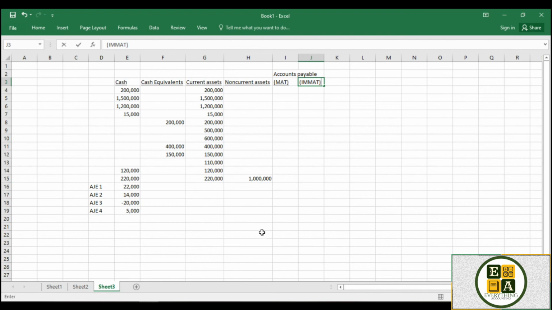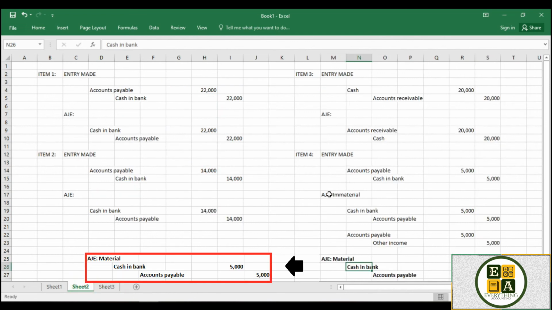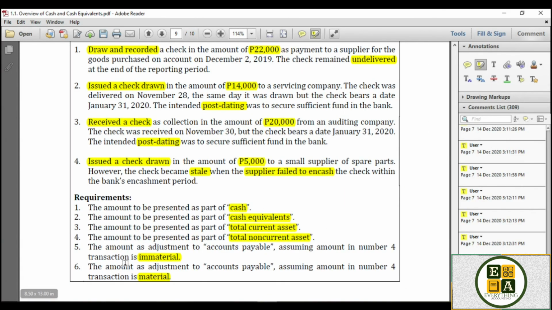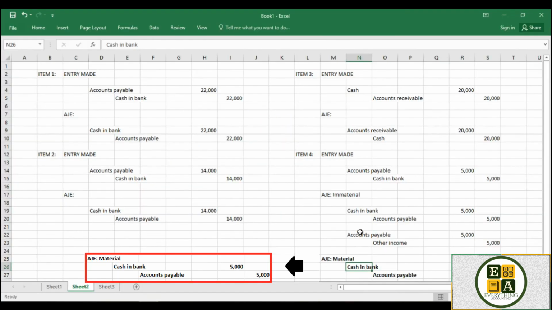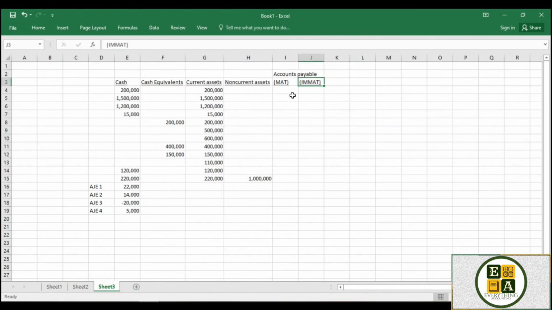So, using the adjustment, kapag alin ba yung nauna? Immaterial. Kapag daw immaterial, walang effect. Bakit walang effect? Kasi nga, we're going to establish immaterial eh. So, i-establish natin 5,000. Pero, magdideduct ulit tayo ng 5,000.